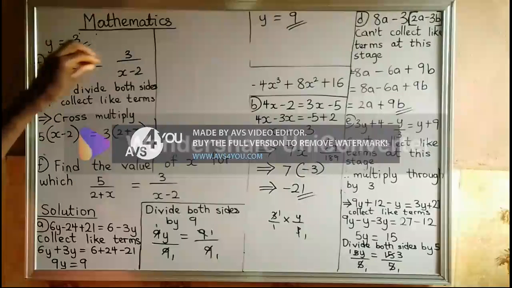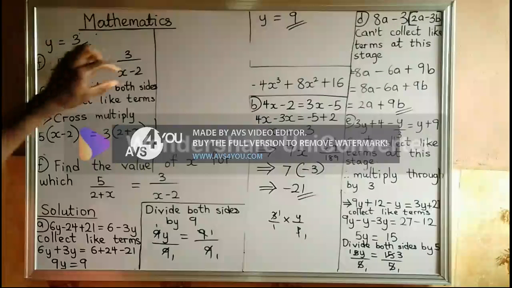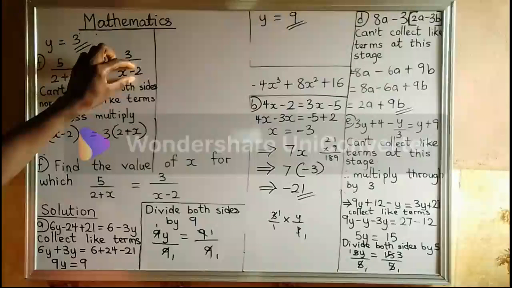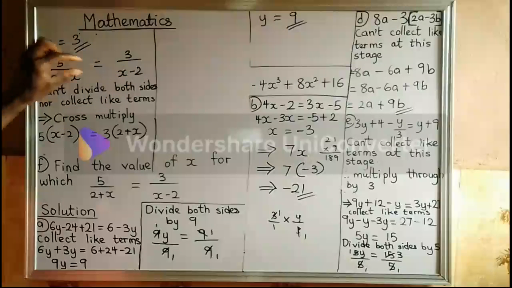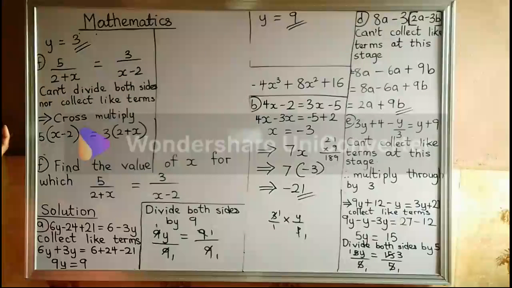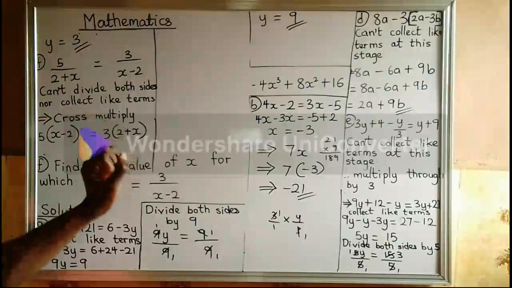You notice that there are no brackets here before, but while I cross multiply, I introduce bracket. Why? The reason is that this is not just one entity. I'm multiplying 5 by x minus 2. If it is just x, I don't have to introduce bracket. So 5 times x will just give me 5x. But I'm multiplying 5 by x minus 2.